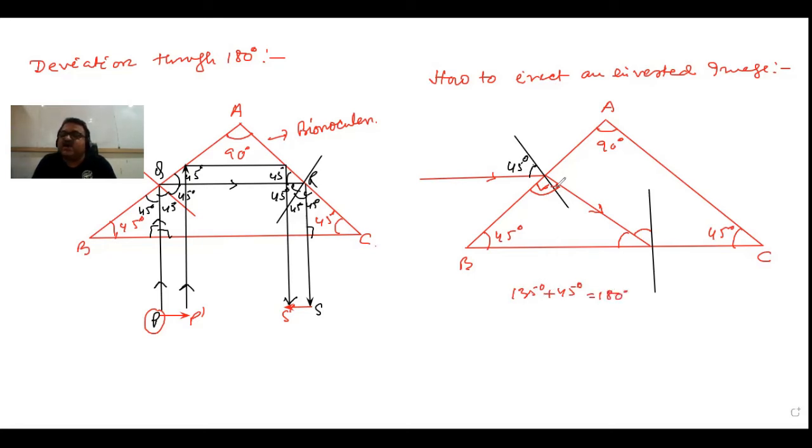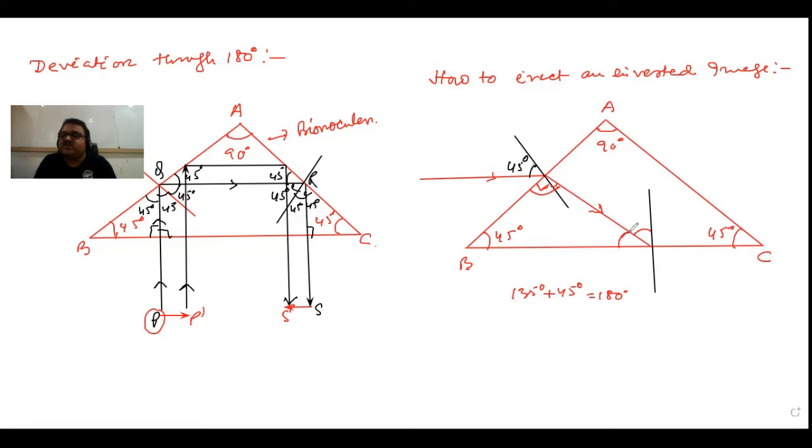Clear? But it is less than 180. Correct? It is not 180. It is obviously less than 180, because 180 is this total angle. So this is the angle.